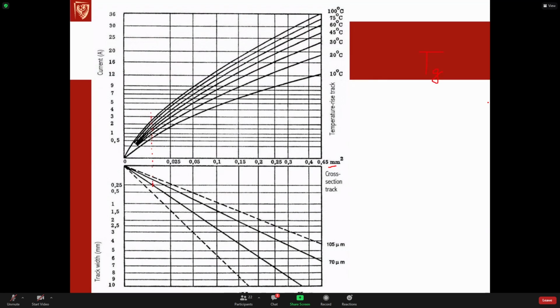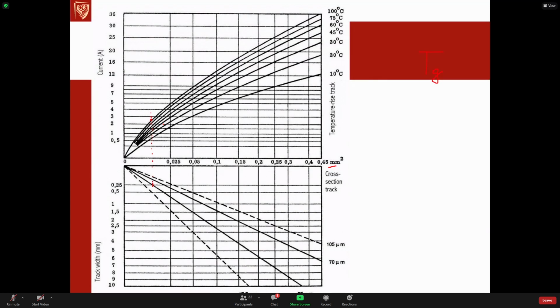And remember, this is just about the temperature rise of the track. So even if we are at 100 degrees, even if we keep our design here, it means that the track will be 100 degrees hotter than the PCB. But the PCB doesn't need to be at 20 degrees.